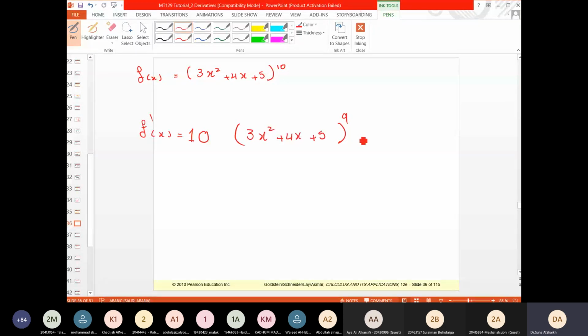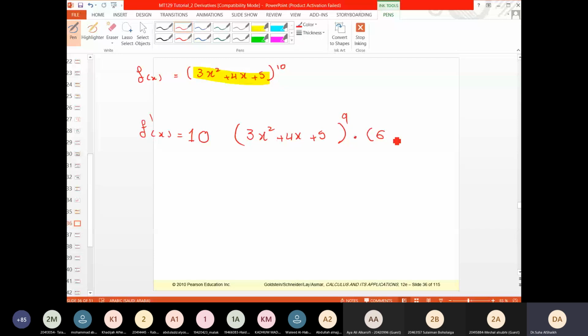I'm done? No, I'm not done. I have to multiply with the derivative of what's inside: the derivative of the bracket times the derivative of what's inside the bracket. What's inside is 3x squared plus 4x plus 5. So what's the derivative of what's inside? What's the derivative of 3x squared? The derivative of x squared, the 2 will go down, and I already have a 3, so it is 6x to the power 1, because I brought down the 2.